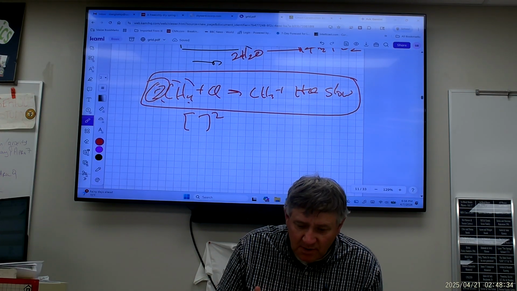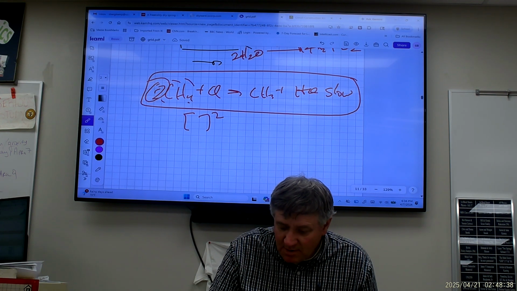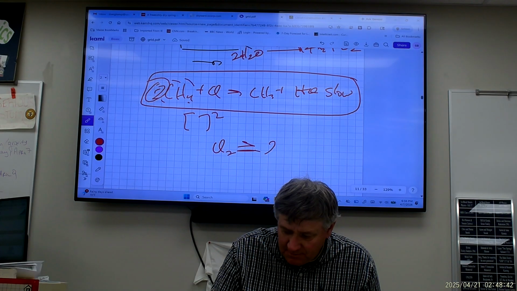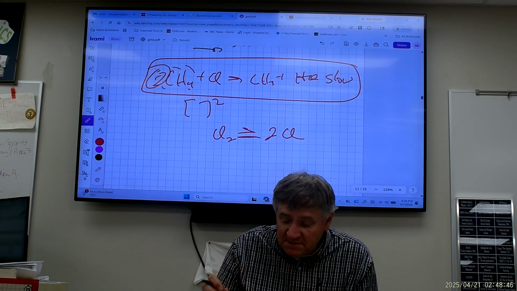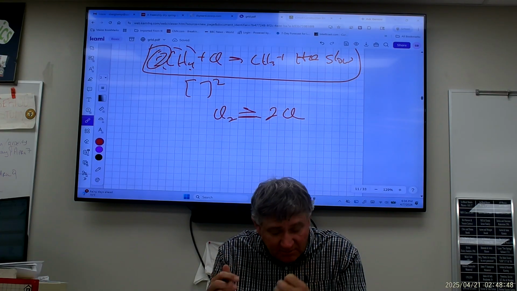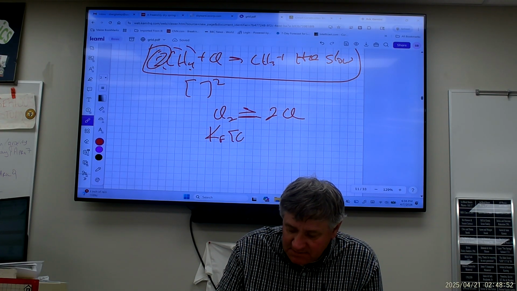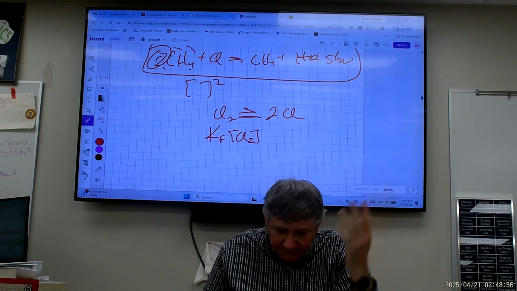So if you look on part 2, on that equilibrium step, where you have Cl2 reaching an equilibrium with 2Cl, okay? So what we're saying is that because this can reach an equilibrium, K of the forward reaction times some Cl2, and remember that K is just some rate constant, okay?